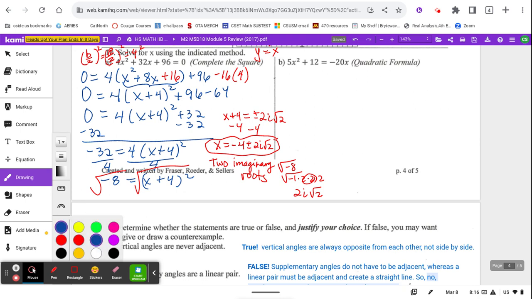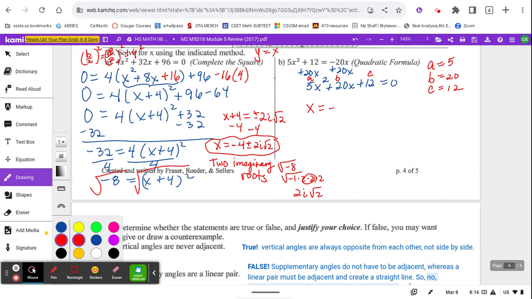Here comes quadratic formula. For me to use the quadratic formula, I need it to be equal to 0 as well to get ABC. So I'm going to rewrite this in standard form by moving the 20x over. Now it's equal to 0. Now we can get ABC. A is 5, B is 20, and C is 12.